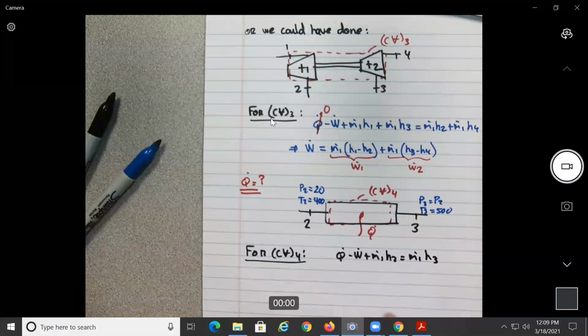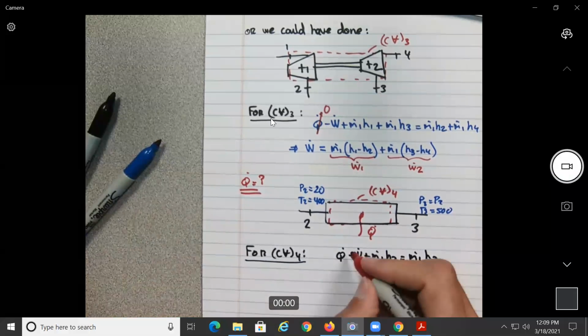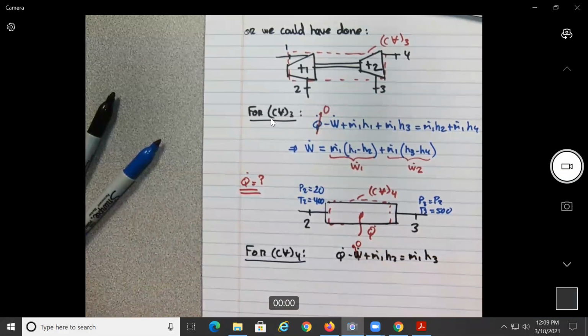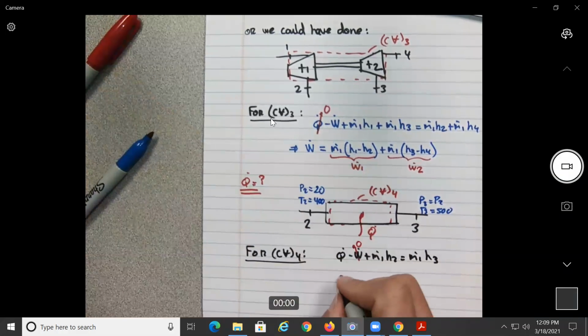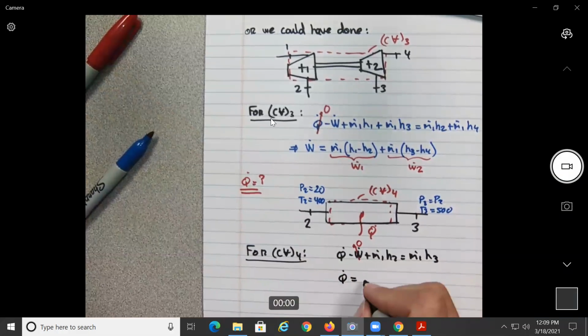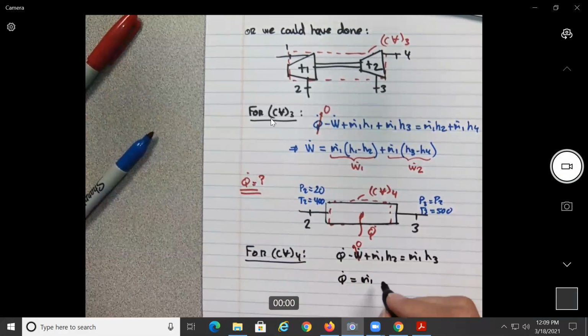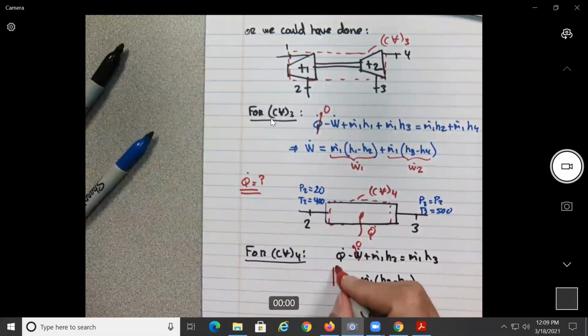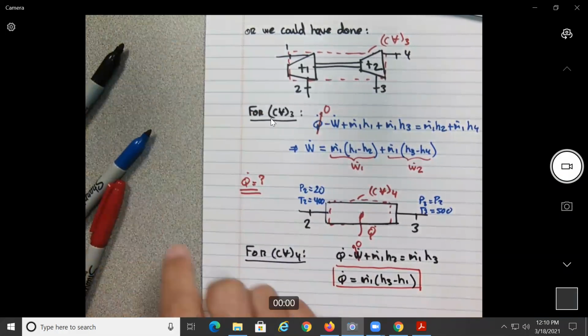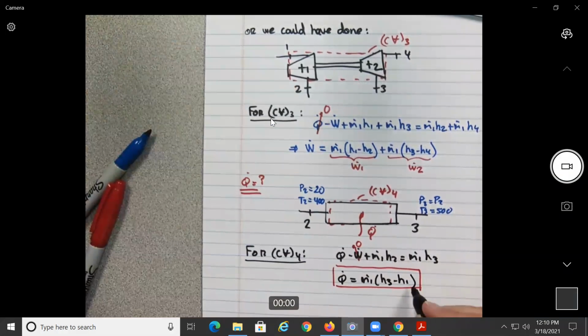In the reheater, you see everything comes from the figure. Is there any power generated by the reheater? No? So we're going to get that Q dot will be equal to M dot 1 H3 minus H1. H2, right? H2, yes. H3 minus H2.